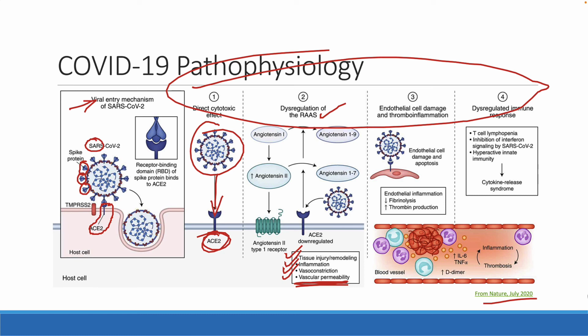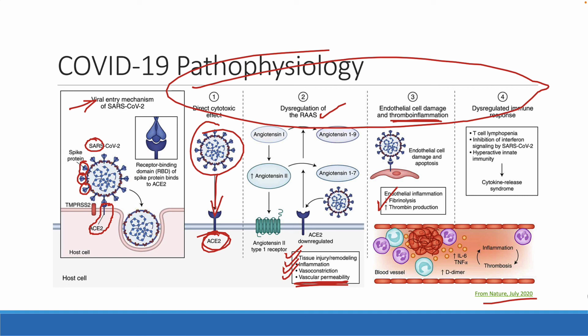There's this endothelial cell damage and thromboinflammation. We know that thrombus formation is another issue that happens, and we equate it to increased thrombin production. Studies have been done that show people have better outcomes if they present with mild to moderate disease and we start anticoagulants right away.